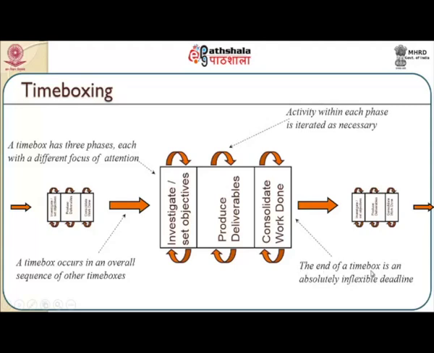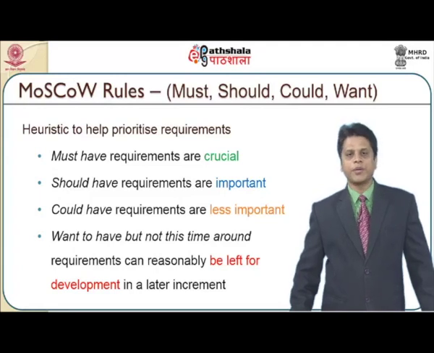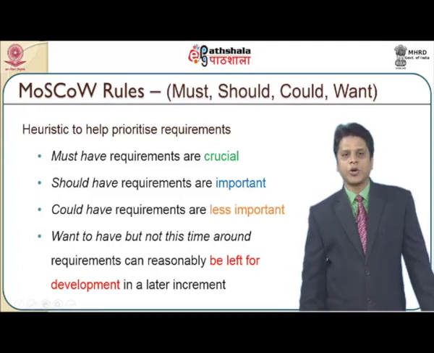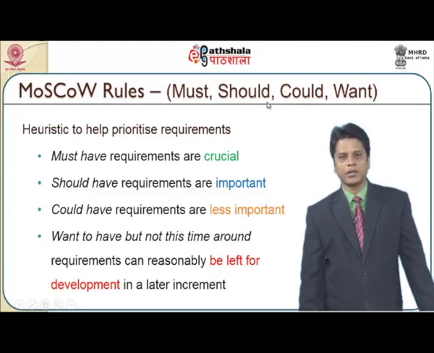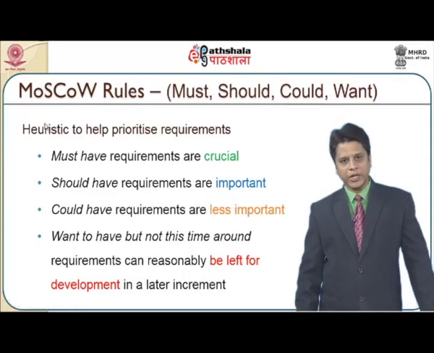So the end of a time box is an absolutely inflexible deadline, and most DSDM practices follow a set of rules which is called the MoSCoW rules. MoSCoW stands for must, should, could, want-specific rules. It is basically a heuristic which helps to prioritize all the requirements.